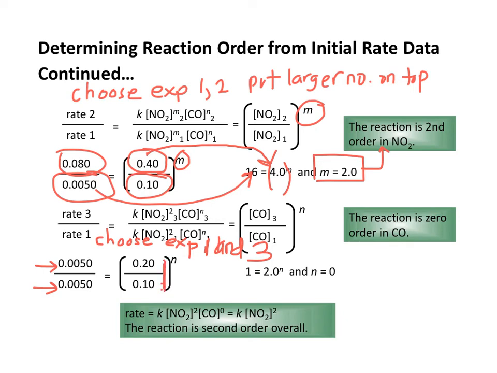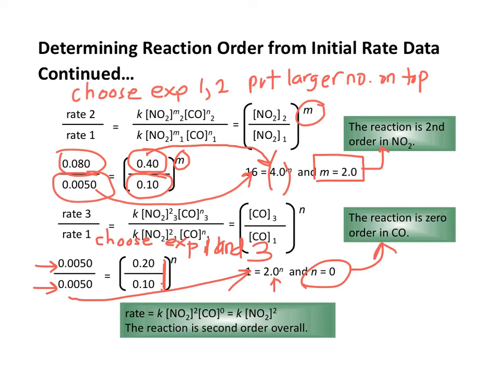What you end up with is 1 is equal to 2 to the N, and in that case N must be equal to 0. That is the way we'd say it in words: the reaction is zero order with respect to carbon monoxide.